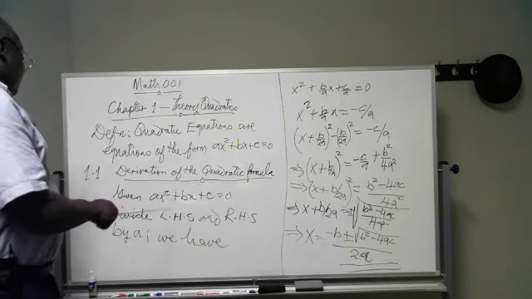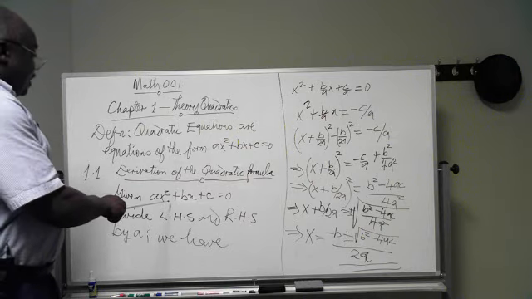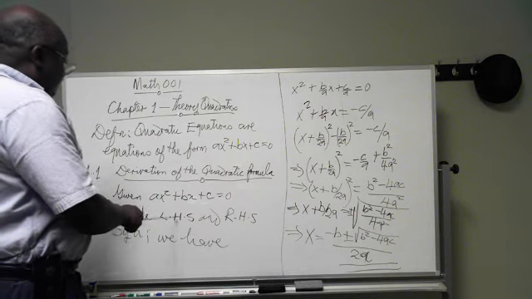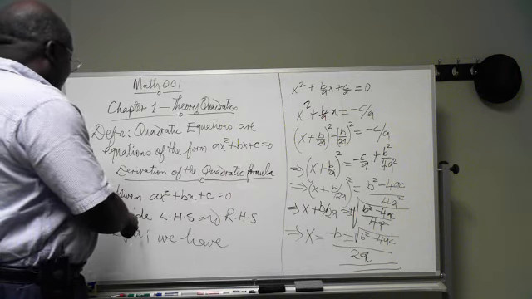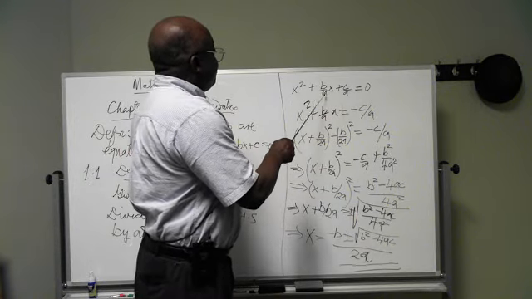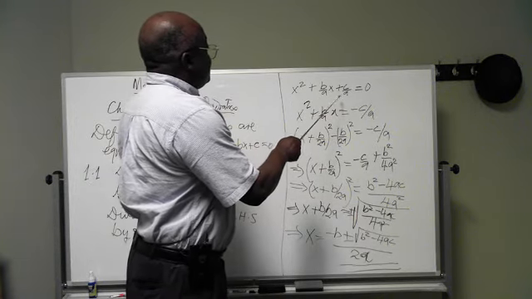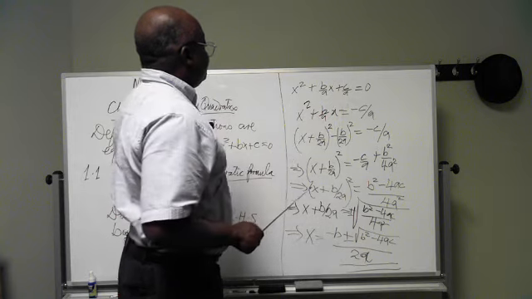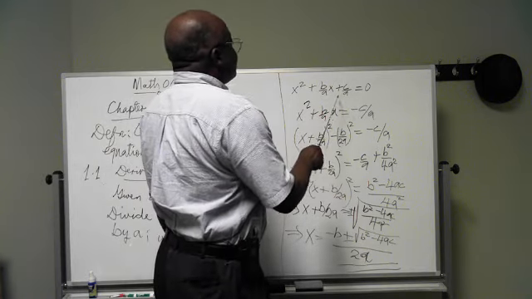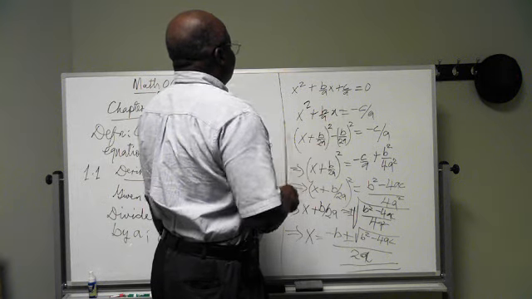Derivation of the quadratic formula. Given ax squared plus bx plus c equals 0, we divide the left hand side and right hand side of the equation by a, and we have x squared plus b over a x plus c over a equals 0. Now we take the constant term to the right hand side of the equation.